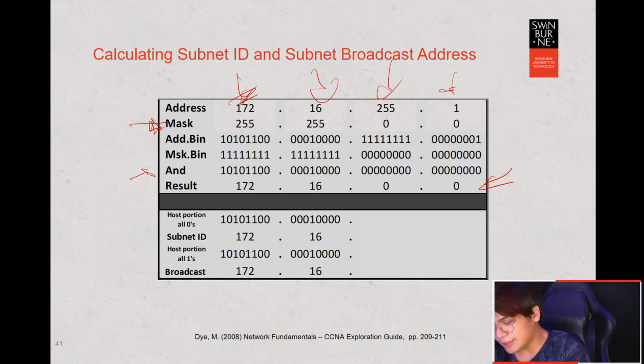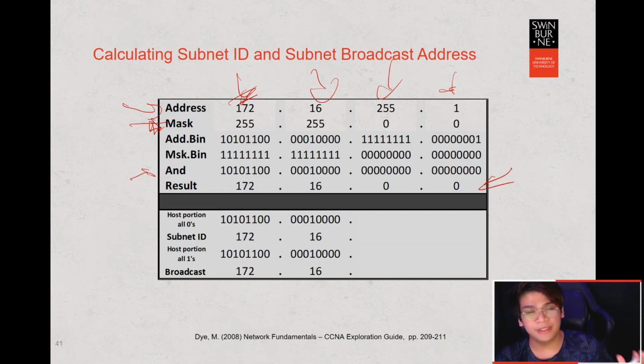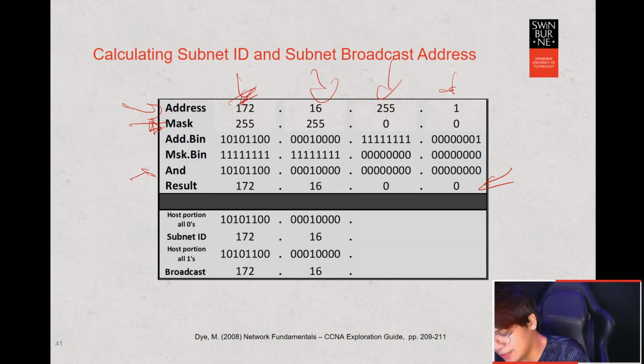So just now the address that you received, 172.16.255.1, is an IP address. It's a host IP address. It is not a network address. So you need to do the ANDing method to find the network address, which is this. This is the network address.